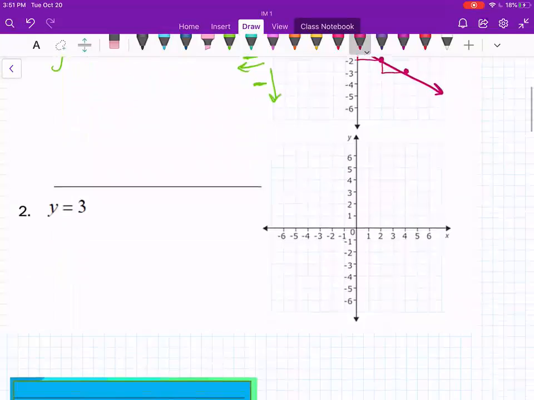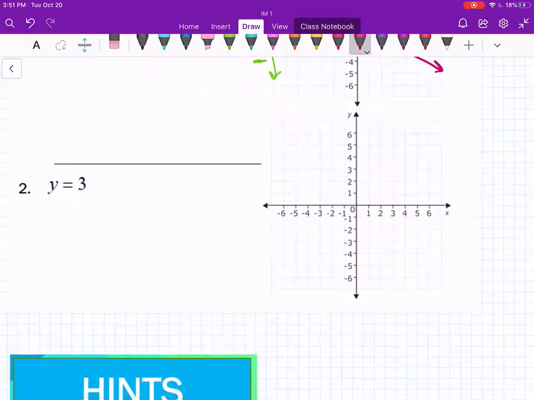The second example, which is y equals 3, if you notice, when we look at y equals mx plus b, slope-intercept form, there is no mx, which means there is no slope and there is no x.